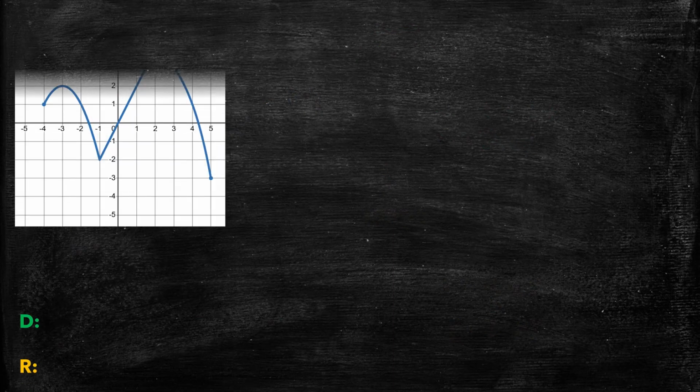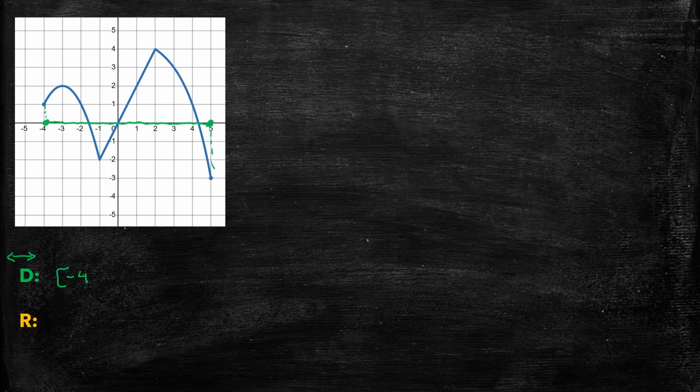So let's practice. At any point, don't forget to pause the video and try it yourself before I reveal the solution. So for the domain of the graph shown, you want to scan from left to right. So what is the minimum x value that appears on the graph? It seems like it's -4. And the maximum x value is 5. Sometimes I just shade in the x-axis number line just to see the domain clearly.